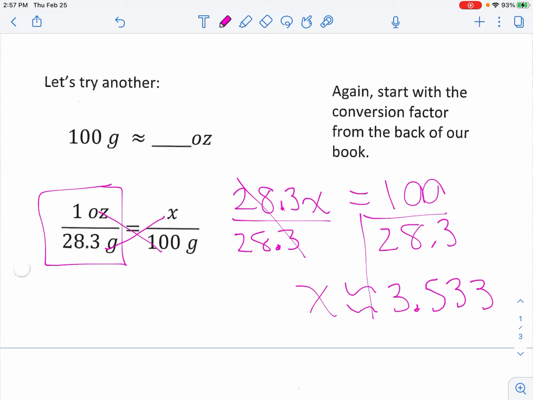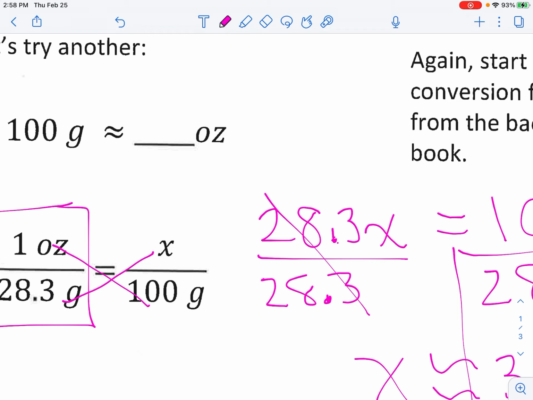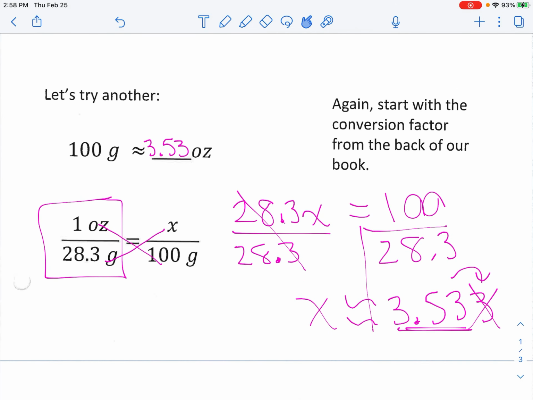And we can stop there because we have to round to the nearest hundredth. So if I look in the thousandths place, we see a 3. So that rounding to the nearest hundredth is going to stay a 3. So I'm going to go back up here and write my answer in the blank. So 100 grams is about 3.53 ounces.